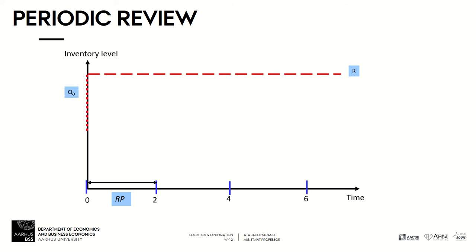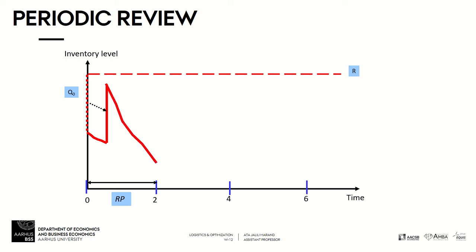For example, here the inventory level is this much at time 0, so I will make an order equal to Q0 to reach level R. Time goes by. After this time, I will receive my inventories. This is the lead time. So my inventory level will increase by Q0 units.